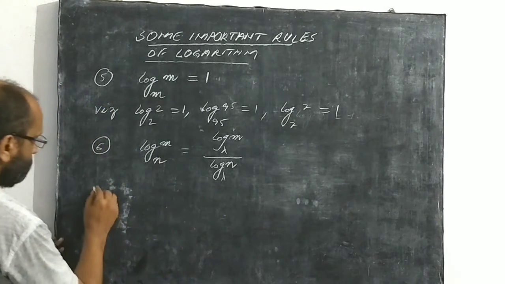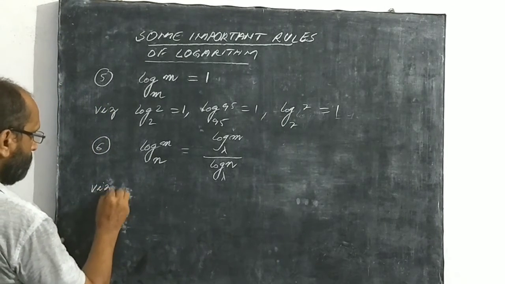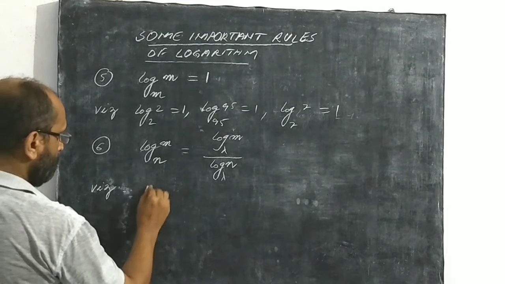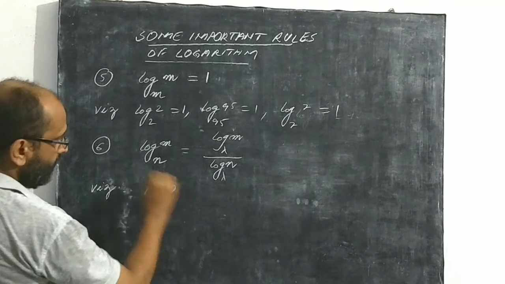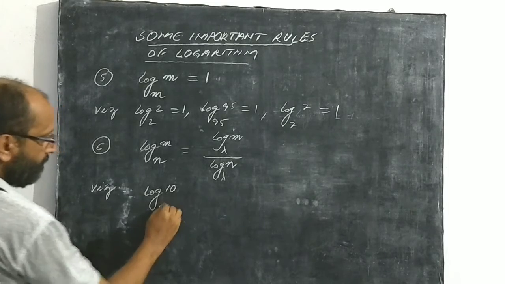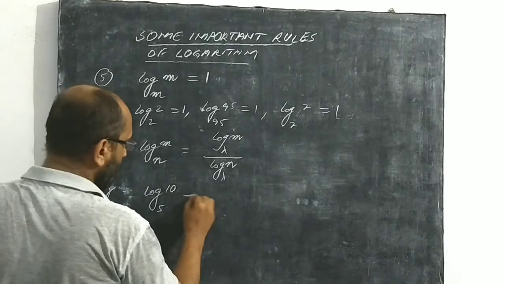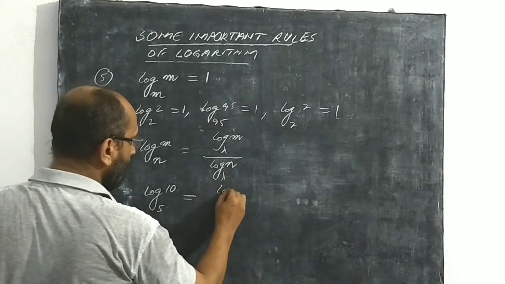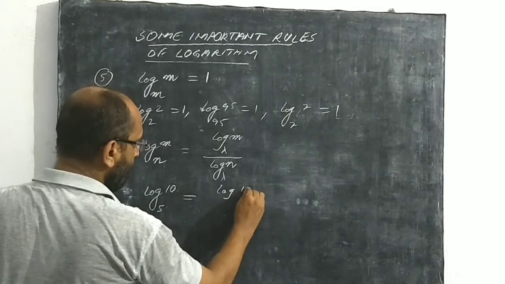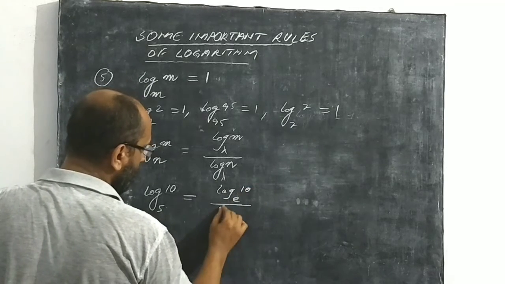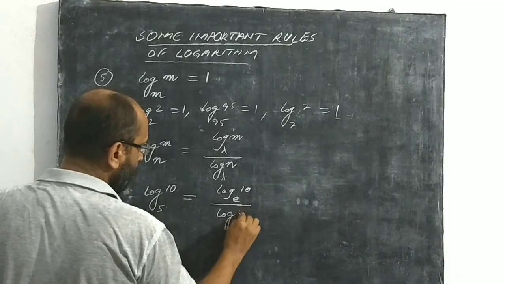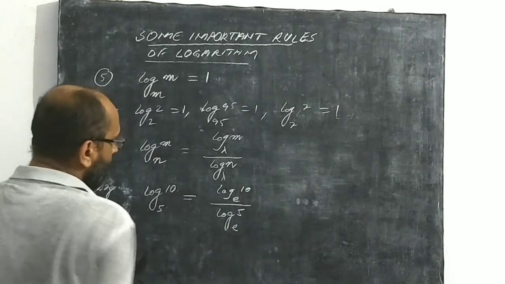For example, log 10 base 5 may be written as log 10 base e divided by log 5 base e.